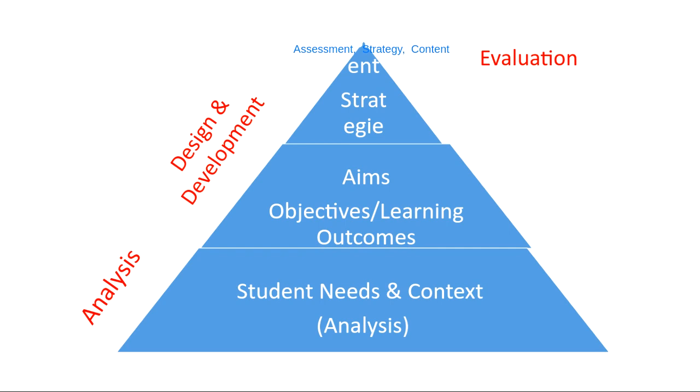So your analysis, we need the student needs and context as part of your analysis, because that is then going to feed into the aims. And then out of your broad aims, you will be able to derive your objectives and your learning outcomes.